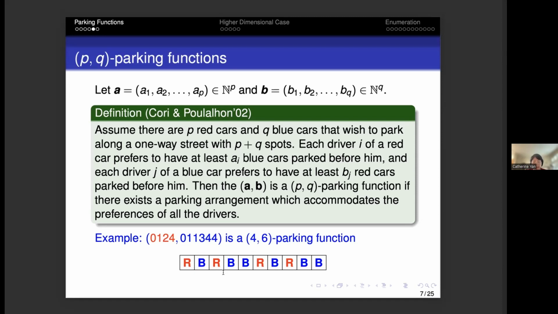For the red cars, you check how many blue cars are in front of them, and the numbers are at least 0, 1, 2, 4. Similarly, you check for each blue car how many red cars are in front of them, and the numbers are at least 0, 1, 1, 3, 4, 4. So that gives that this pair is a 4-6 parking function.